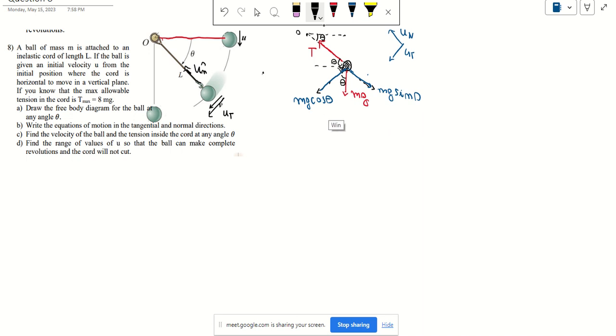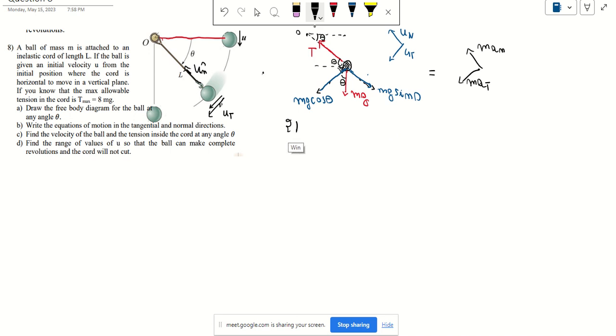Okay, and I just resolved mg in both directions with cosine and sine. This is equivalent to m an and m at. So is everything okay with the free body diagram? Yes, okay. Let's move to the equation of motion.